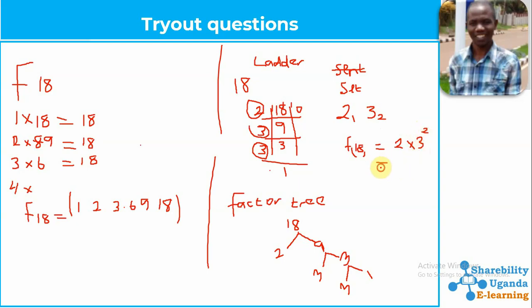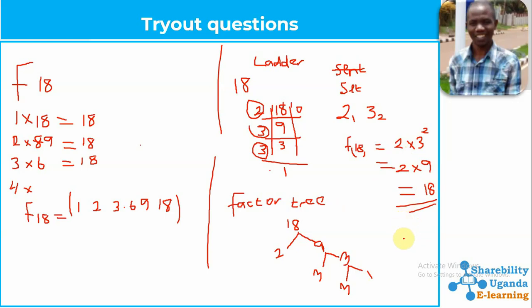It will still give us the same answer, because 2 times 3 times 3, which is 9, gives 18. So they can ask you to factorize the number and represent it in form of powers.